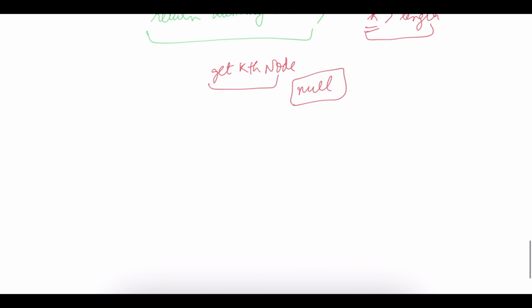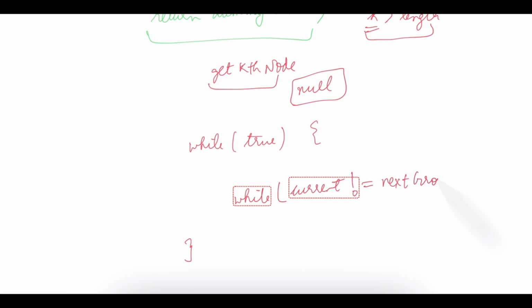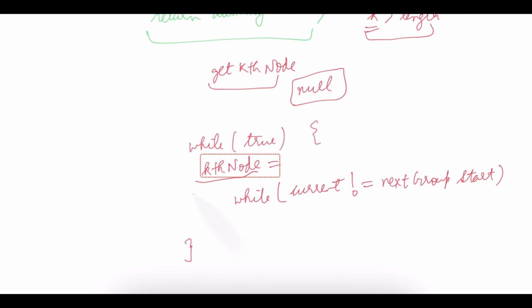So outside we can have an infinite loop, and inside we can have an inner while loop where we check current is not equal to next group start, and here we can find the kth node, and if kth node is null here, we can simply break out here before reaching this while loop.